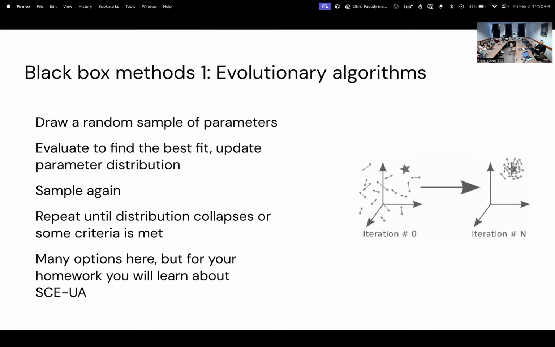I keep saying optimization. Calibration is just optimization, right? For those of you who have done it. I think hydrology as a field came up with a lot of its own terminology and got kind of insular.